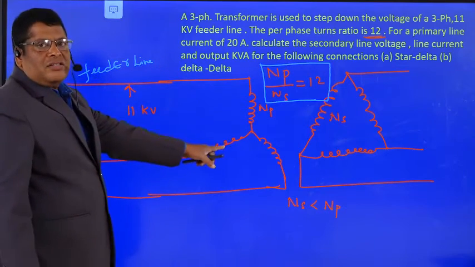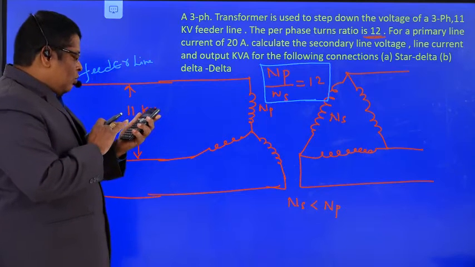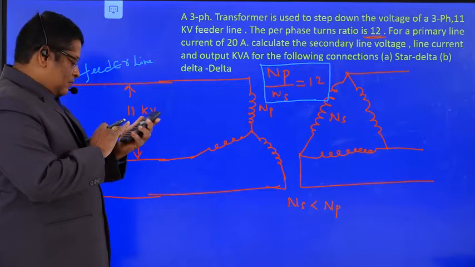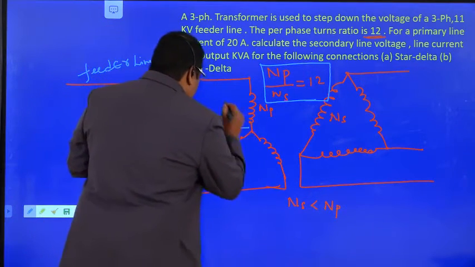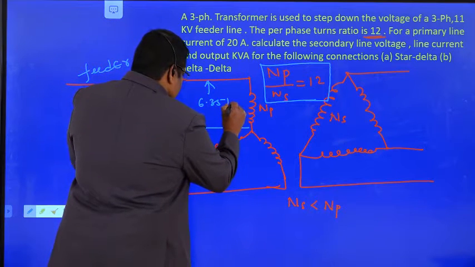Per phase primary voltage, since this is star connection, is the line voltage divided by root 3. This is the per phase voltage, and we get 6.35 kV.